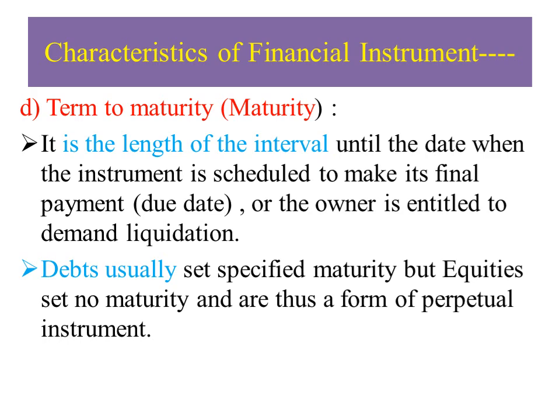Debt usually has a specified maturity, but equity has no maturity and is a perpetual instrument, as we have discussed under types of financial markets. There are debt securities and equity securities, based on maturity as the criteria.